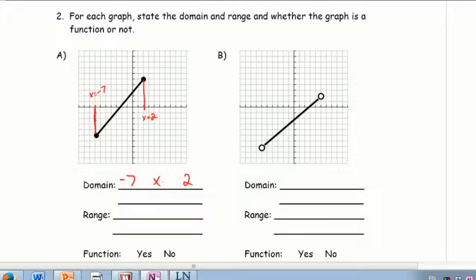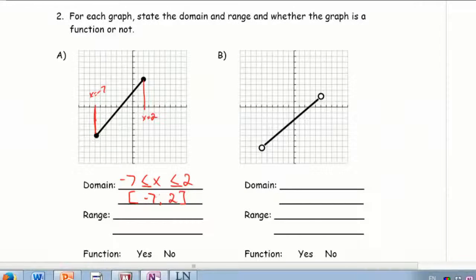All of my x values are going to be greater than or equal to negative 7, and all of them are going to be less than or equal to 2. So that's one way I could write it. I could also write it as a set from negative 7 to 2, including negative 7 and 2. So square brackets. So those are my x values.